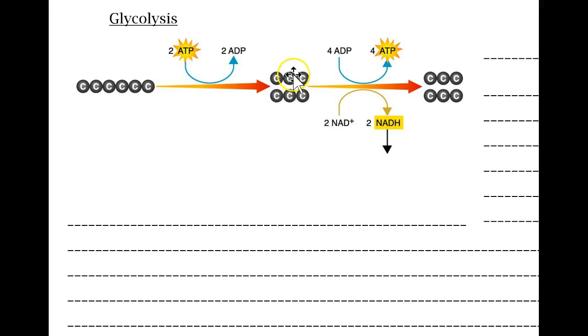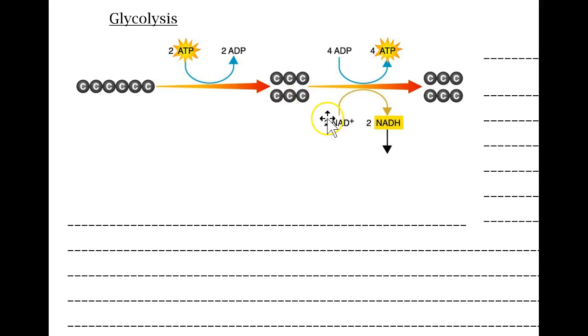So now we have the 2 3-carbon compounds. In this breakdown, we wound up getting a pair of electrons here and a pair of hydrogen ions here, a pair of electrons here, and a pair of hydrogen ions there. So we have an electron carrier, 2 NAD+, which is a coenzyme. It's a helper enzyme that's going to help the reaction.